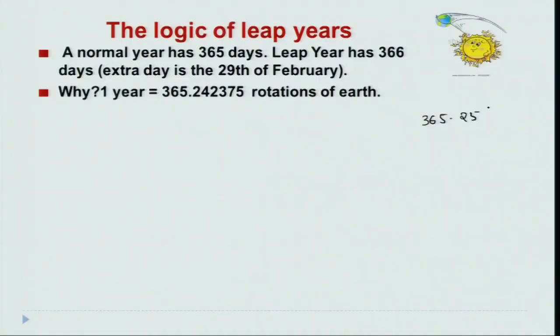So you have 365 point, let us say 25. Every 4 years you lose approximately 1 day. In order to compensate for that, you add 1 day every 4 years.